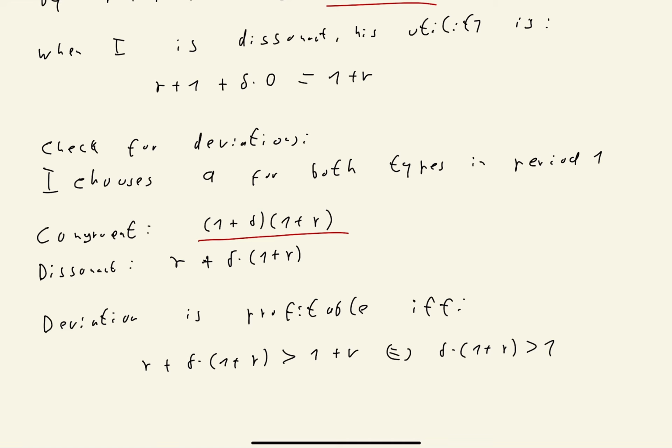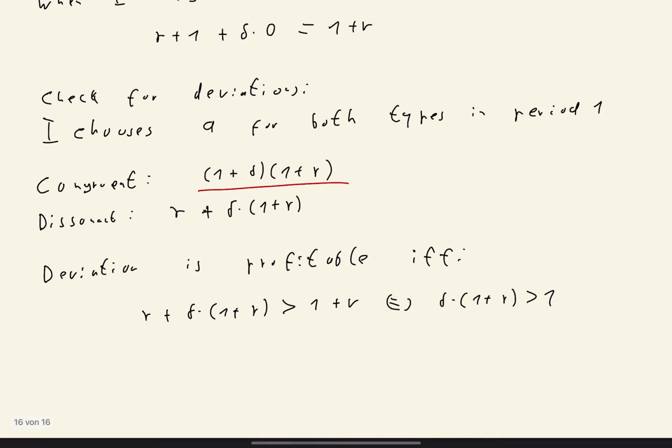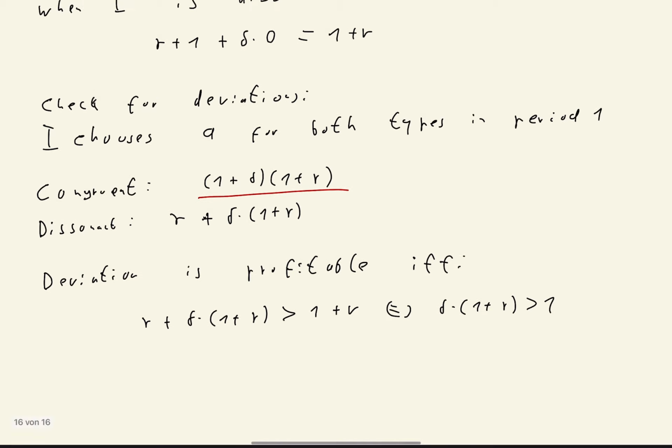So if either the incumbent is impatient or his utility of being in office is very small, the deviation is not profitable. We can check for other deviations as well. So we can also check if I is choosing, for instance, B for both types in period 1. It's not trivial, but it's basically the same as the situation here when he's choosing A for both types in period 1.